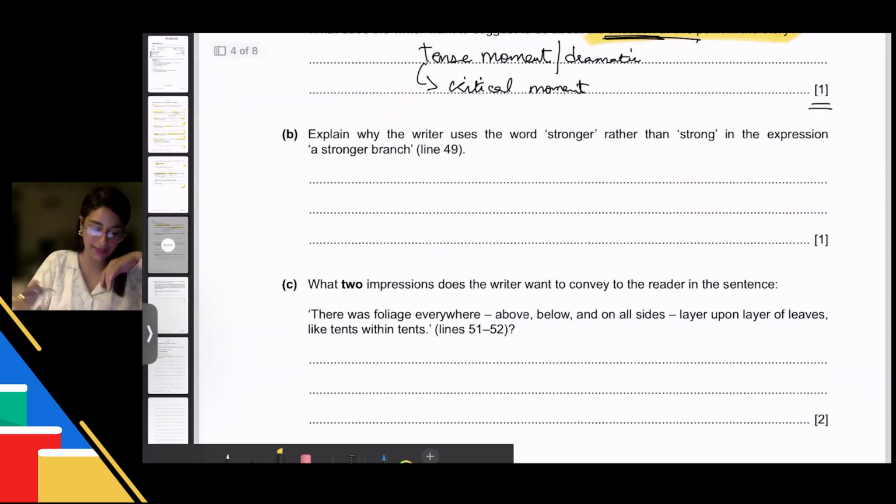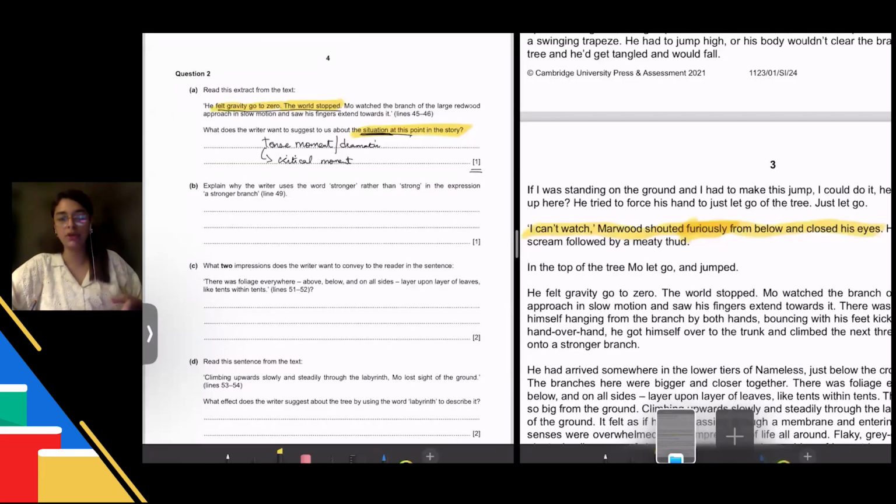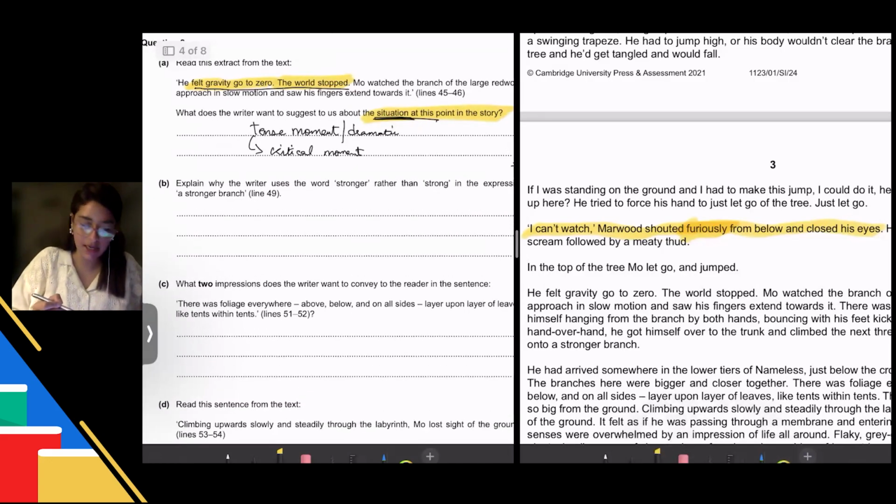The next question says, explain why the writer uses the word stronger rather than strong in this expression, a stronger branch. Now, this is from line 49. The best way to answer a question like this would be to read the entire phrase, and identify what difference it would make in the overall meaning of the phrase if you replace the word stronger with the word strong.